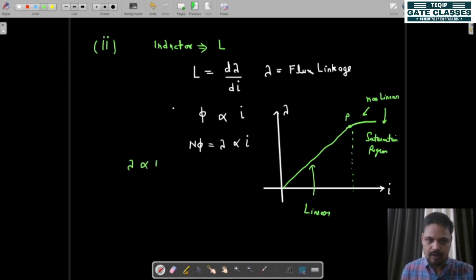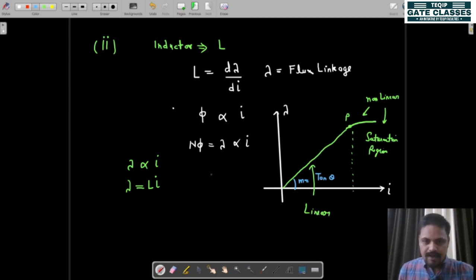So, lambda is proportional to I, and lambda is given as lambda is equal to Li. So, L is nothing but the slope of this line. This m is equal to tan theta. So, this m is nothing but L.